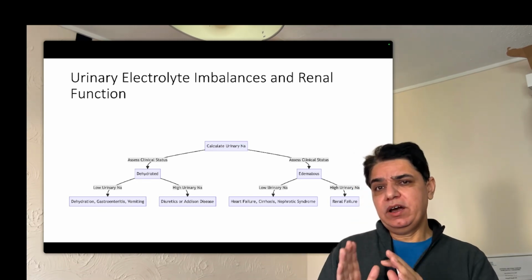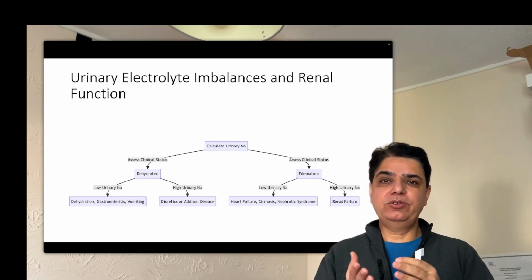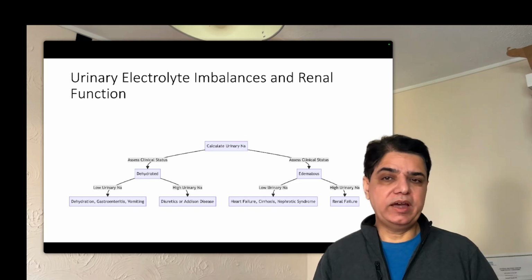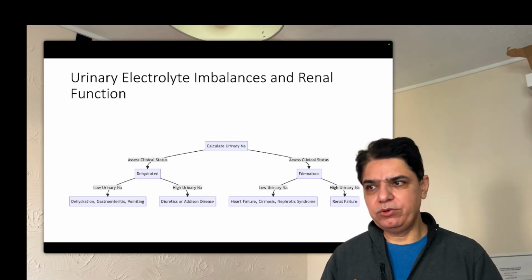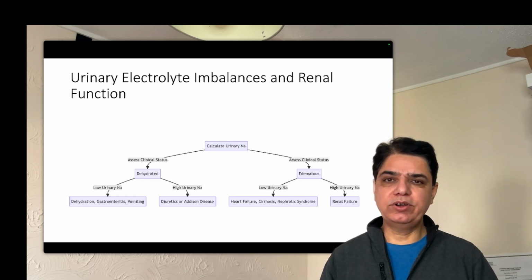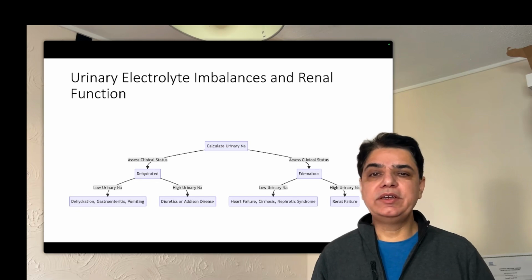Anyhow, if a person looks dehydrated, with sunken skin, but the urinary sodium levels are high, think of diuretic use, or sometimes it could be Addison's disease, where you would find low blood pressure, low sodium, high potassium, and high urinary sodium. What if the person is edematous? You feel like they've got edema.